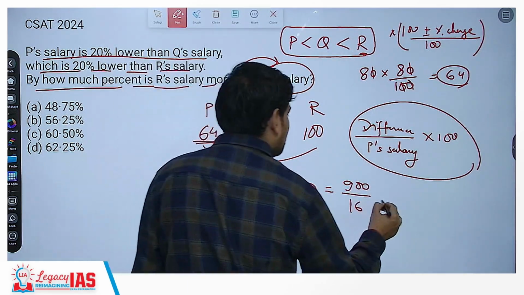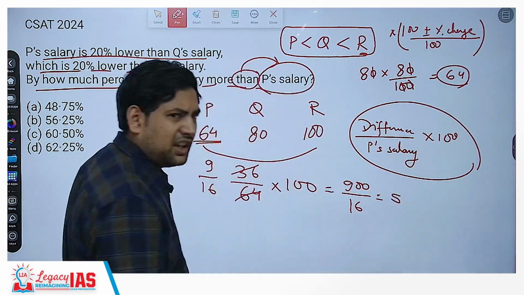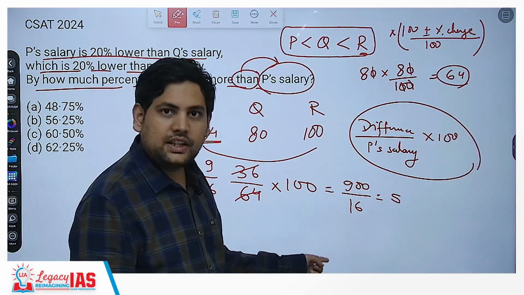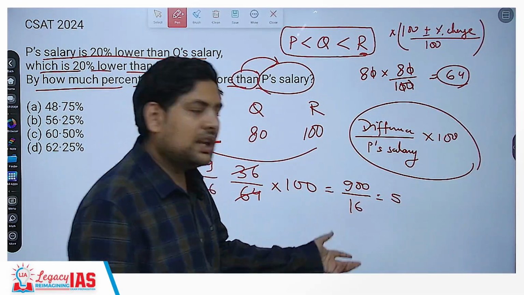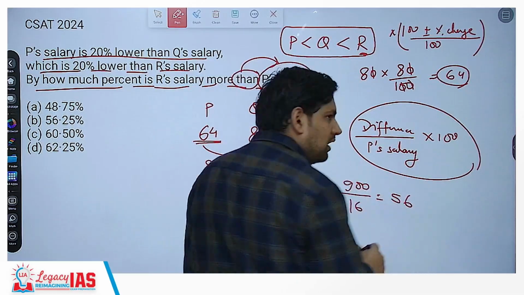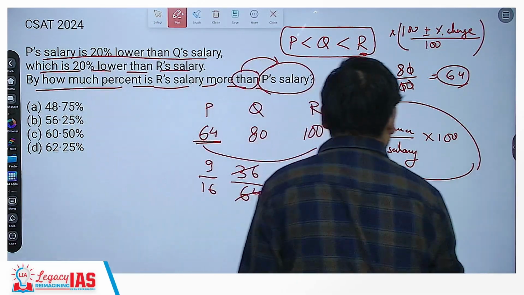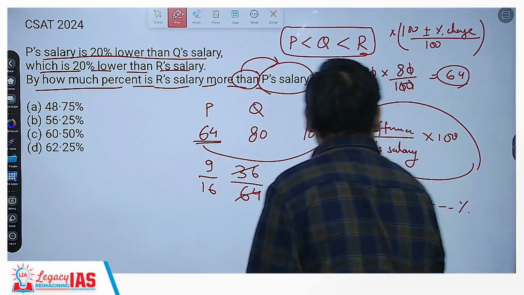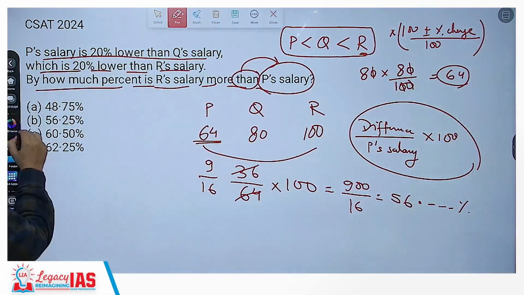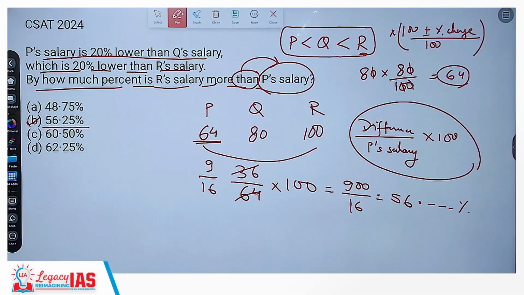This goes 5 times, 16 fives are 80, 10 will remain. With 100, this goes 6 times, 56. So 56 point something percent. So the answer becomes B, 56.25%.